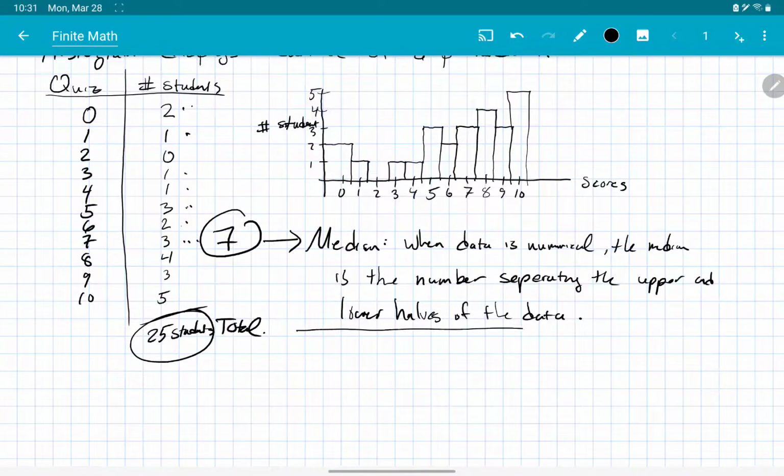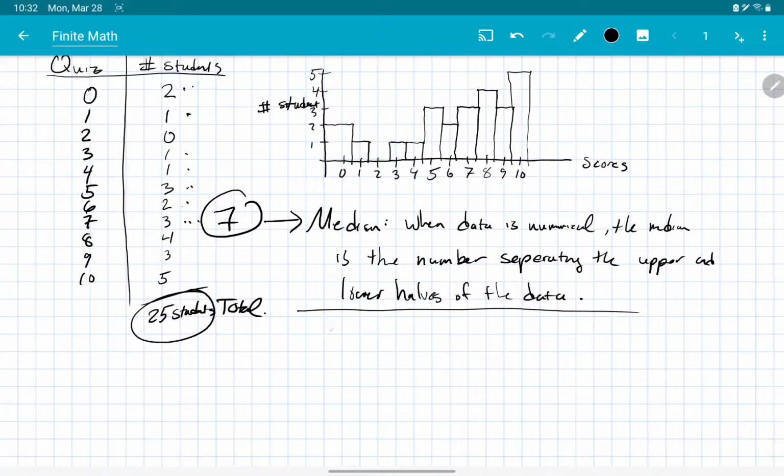Now, another type of data point that is important, another statistic that's important from data, are the quartiles, the upper and lower quartiles. Okay? And here we have to be careful because there's different ways of defining quartiles, and the book defines it in a specific way.